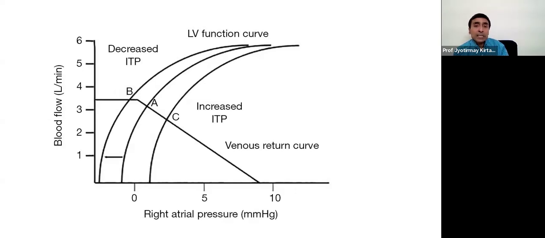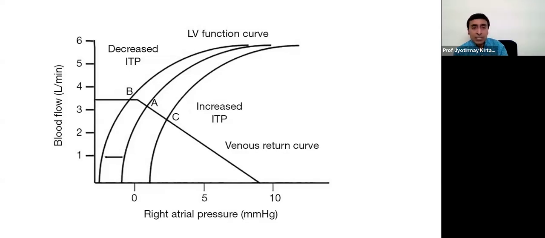So if you see, it is similar to the Frank-Starling curve, but we have incorporated the intrathoracic pressure. As you increase the intrathoracic pressure, the same thing becomes much more shifted to the right and becomes the gradient.